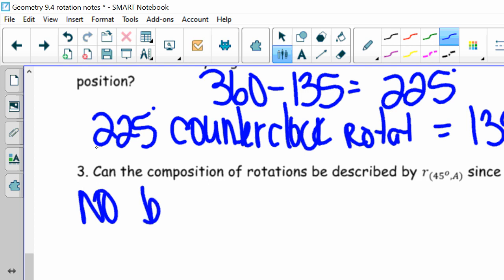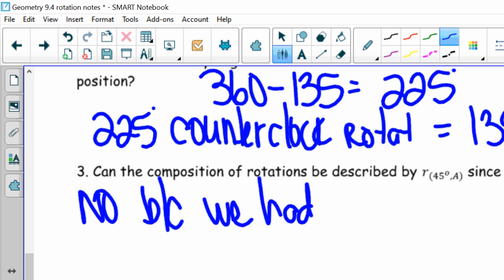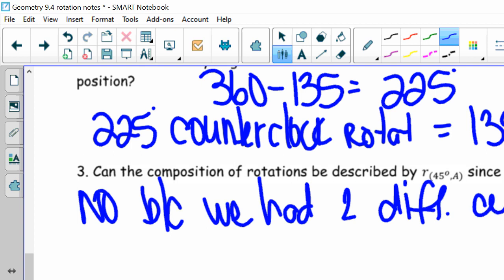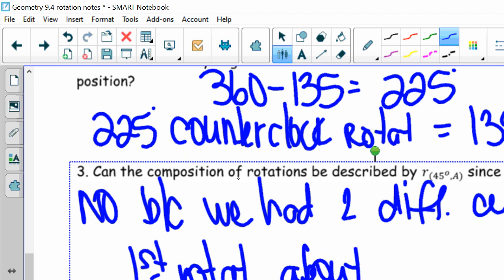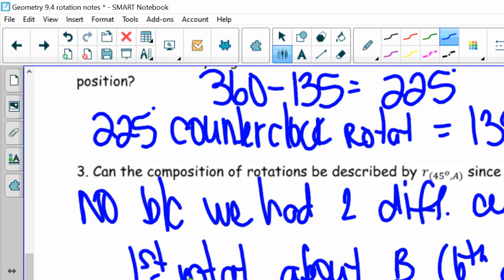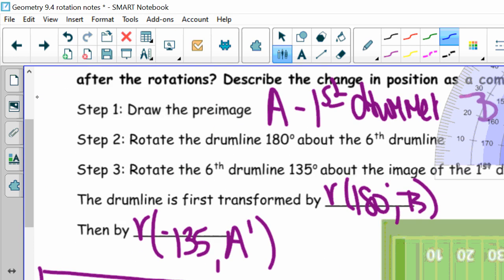So here the answer is no. My first rotation was about B, my sixth drummer, and my second rotation was about A prime, my first drummer, after my first rotation.